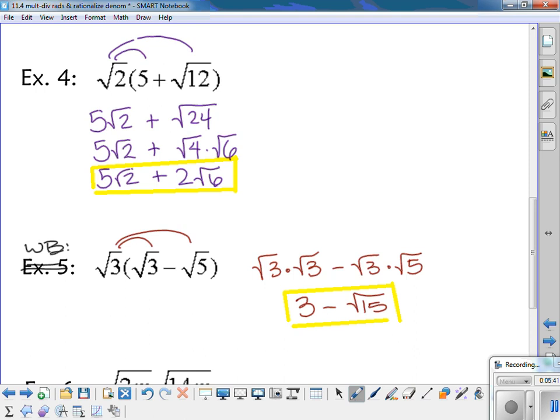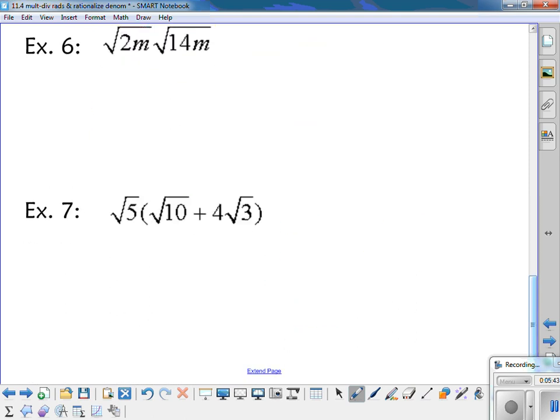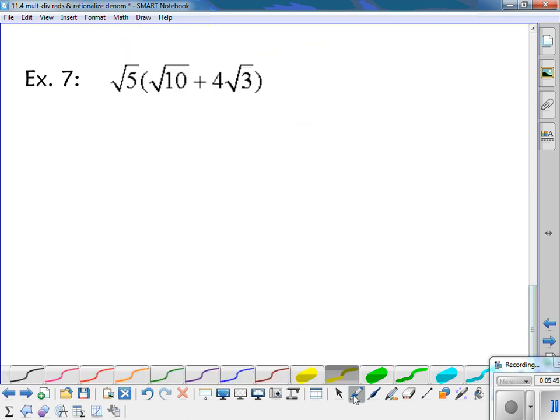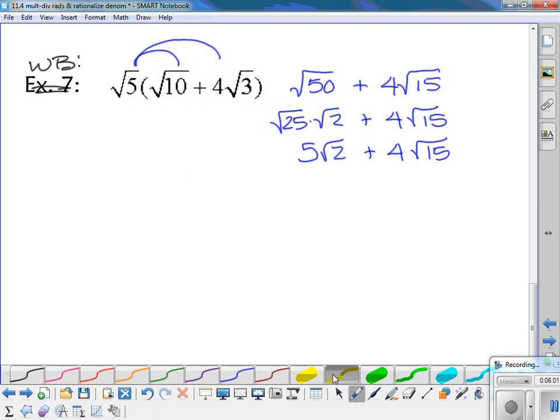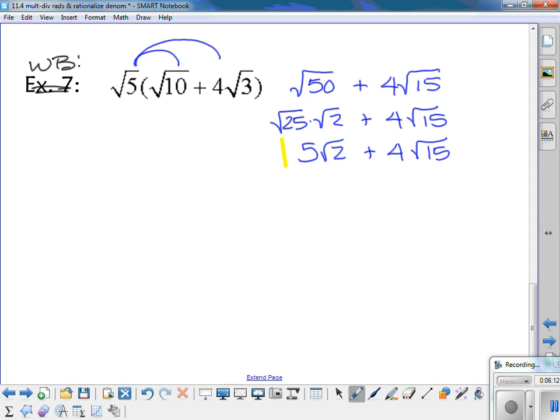Got one more of these I want you guys to do on your whiteboards. Okay, so when you distributed, you should have gotten the square root of 50 plus 4 times the square root of 15. And then the square root of 50 simplifies to 5 root 2. So 5 root 2 plus 4 root 15.